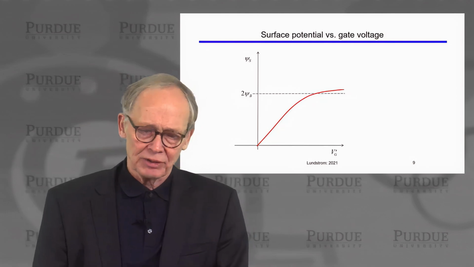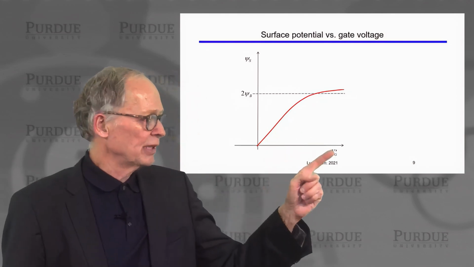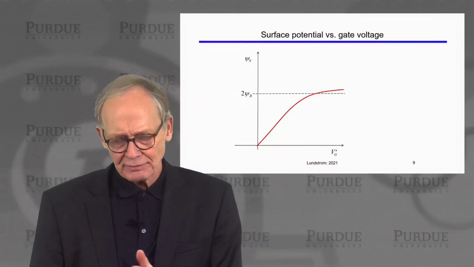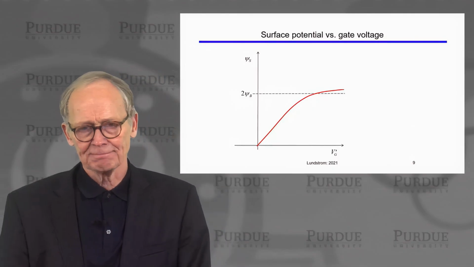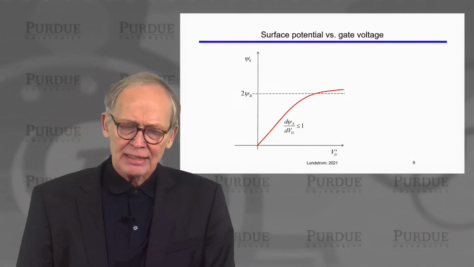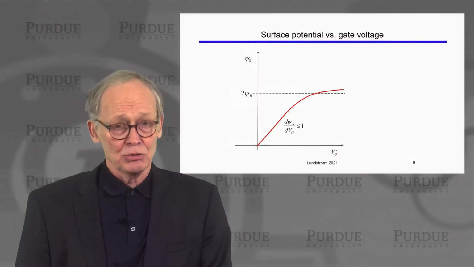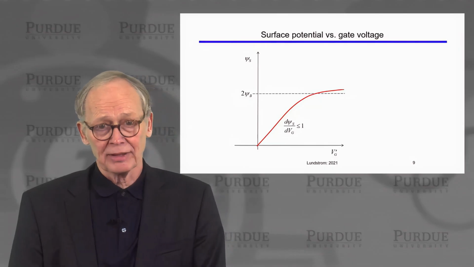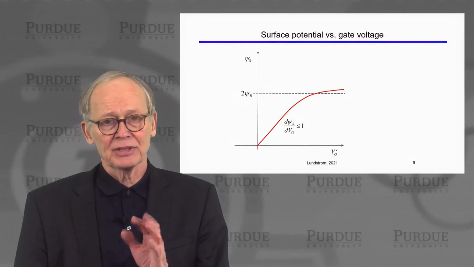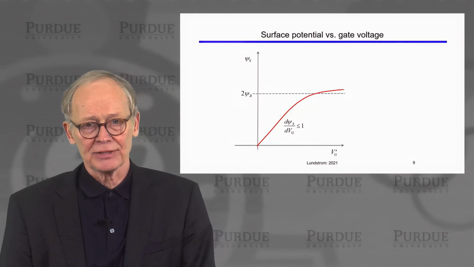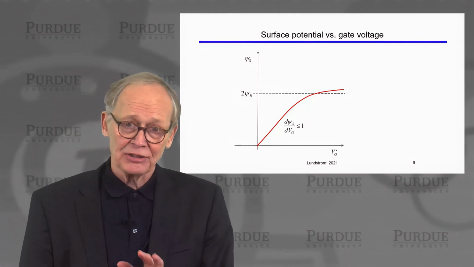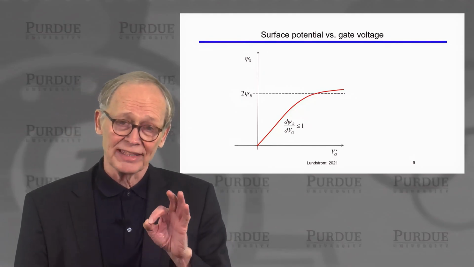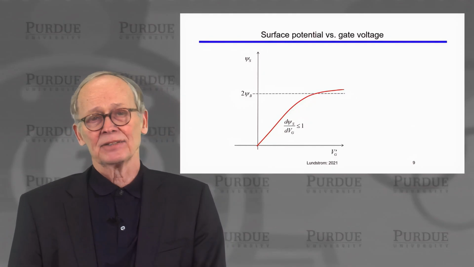Now, if we just do a calculation and plot surface potential versus gate voltage, we'll get a plot that looks like this. As long as the bands have not bent too much, we're depleting the semiconductor, and the bands bend significantly when we change the gate voltage. Right? The fraction is less than 1 because not all of the gate voltage gets into the semiconductor.